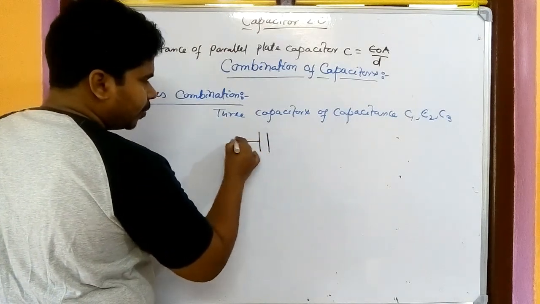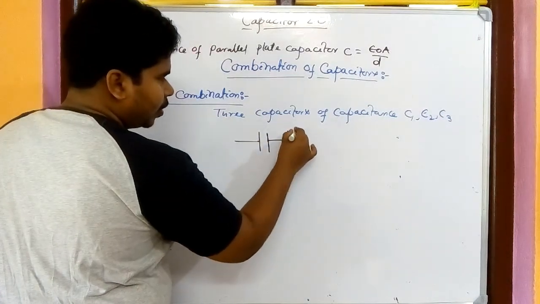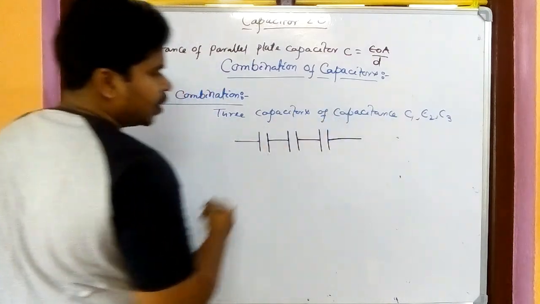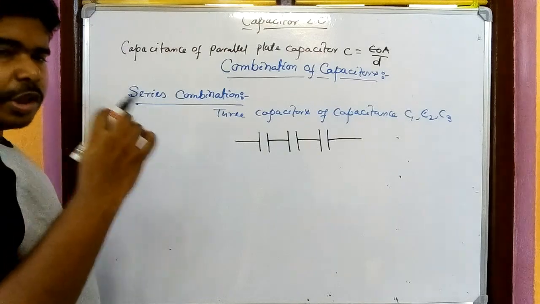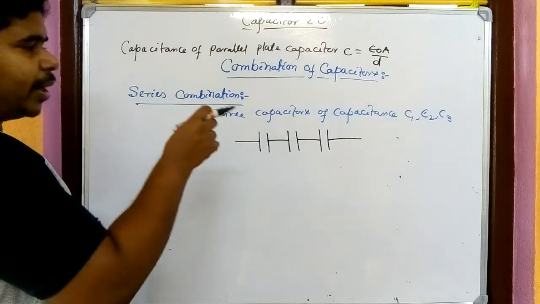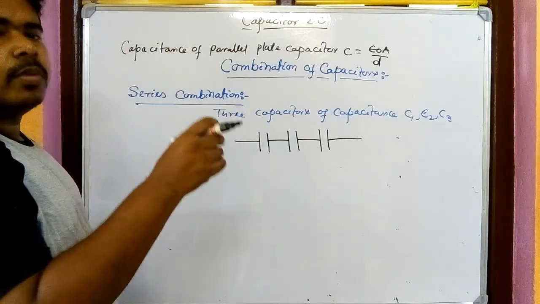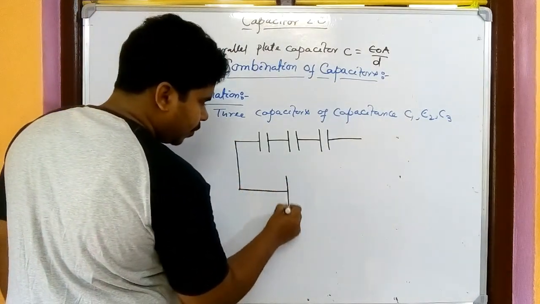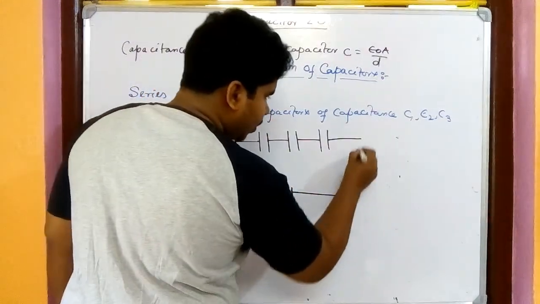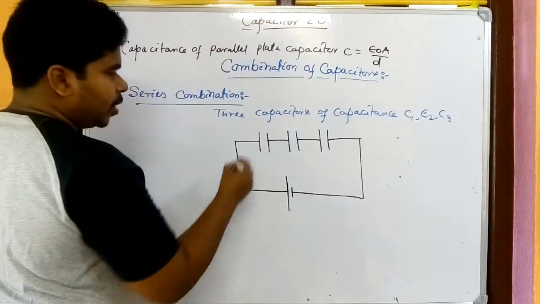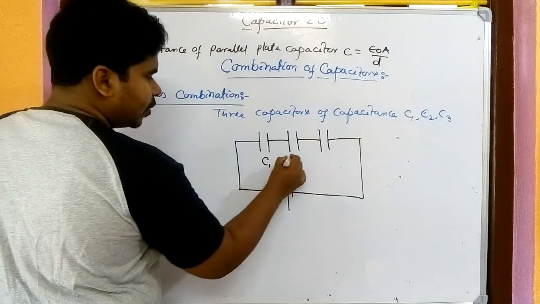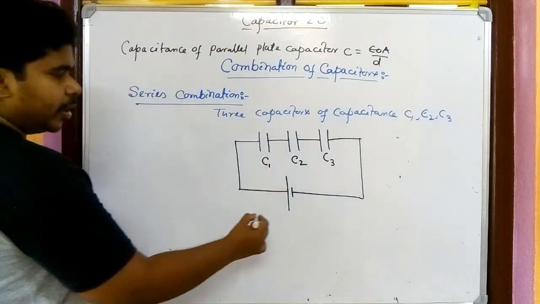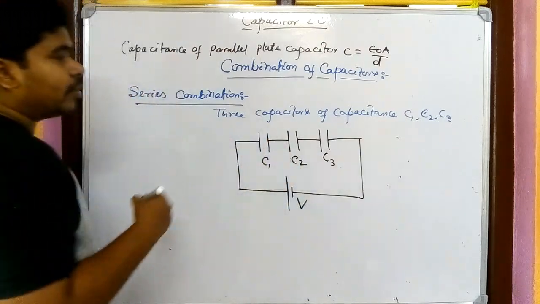Assume it is C1, C2, C3. We all know we denote a capacitor by two parallel lines. Here I have connected one source. So this is C1, C2, C3, and the potential I have taken is V.